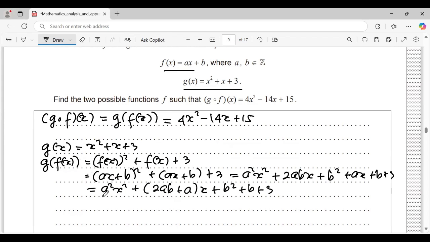And it equals, according to this information, g of f of x as well equal 4x squared minus 14x plus 15.